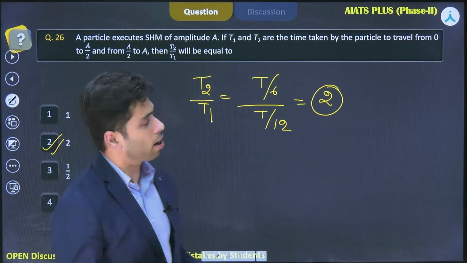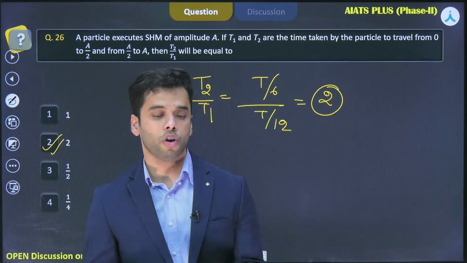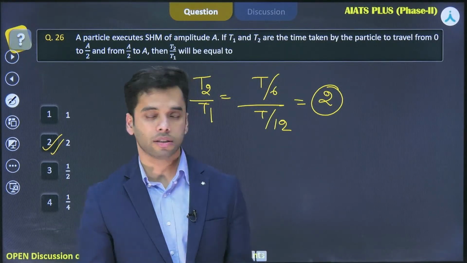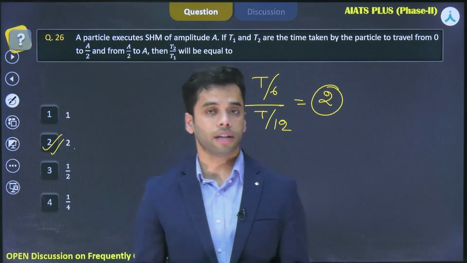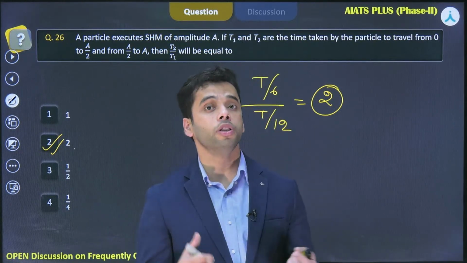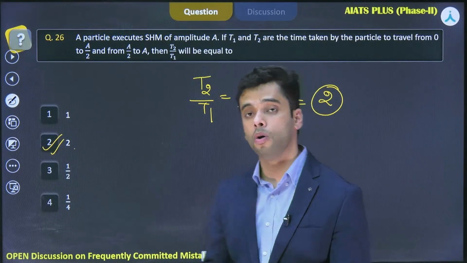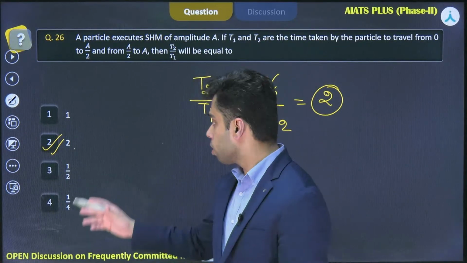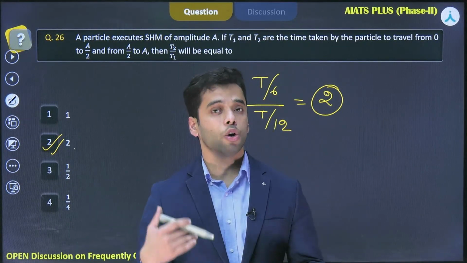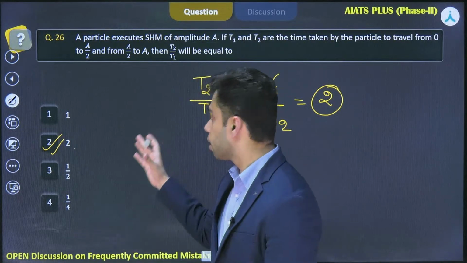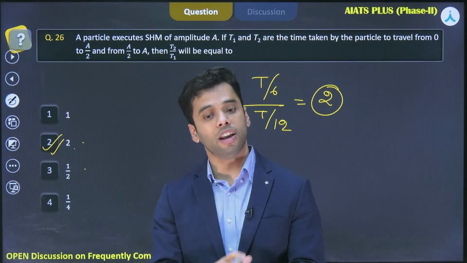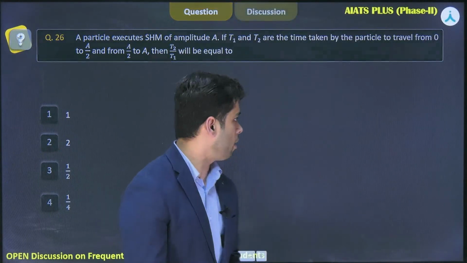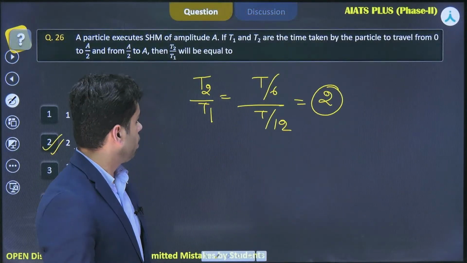So T2 is the time taken from A by 2 to A. So you have given the opposite answer, it should be 2, right? So option 3 is the correct answer, and this is the kind of mistake that you make in the actual examinations. You have been asked the ratio T2 by T1, and you are giving the answer for T1 by T2. That will cost you a negative mark. So be very careful while dealing with the ratio. You have been given both the options, 2 and 1 by 2. So be very clear, right? So the correct answer is 2.